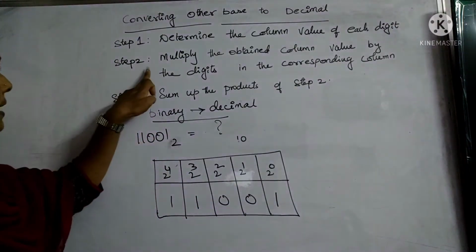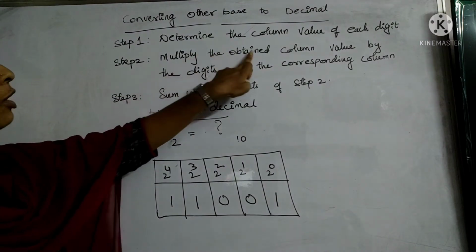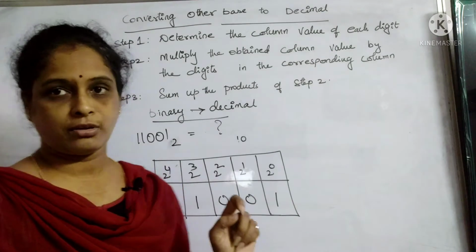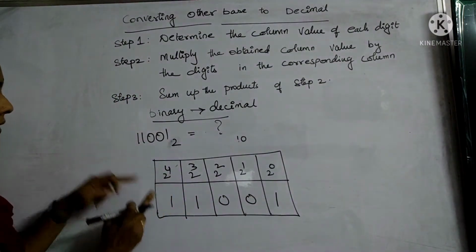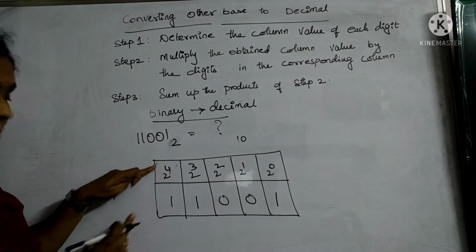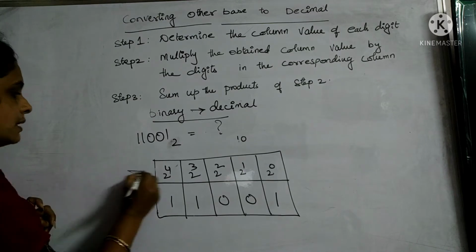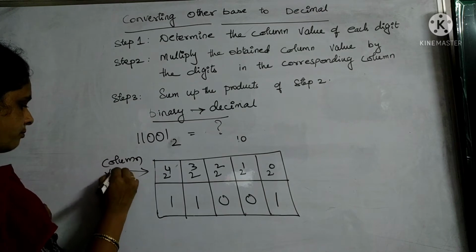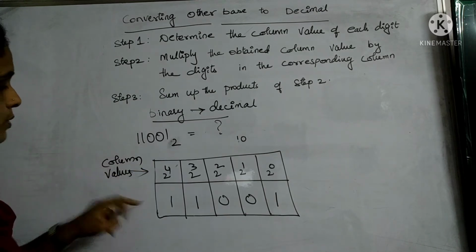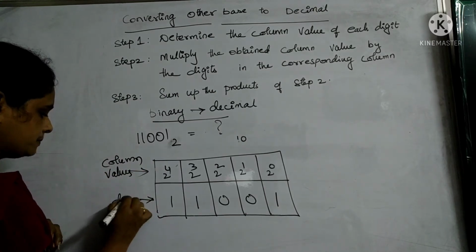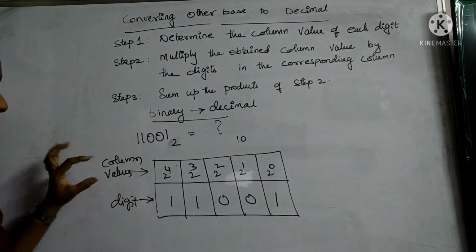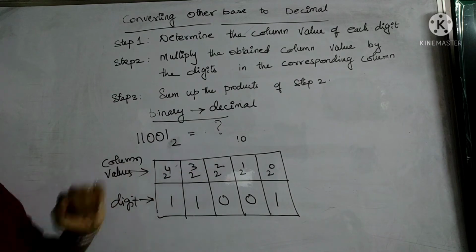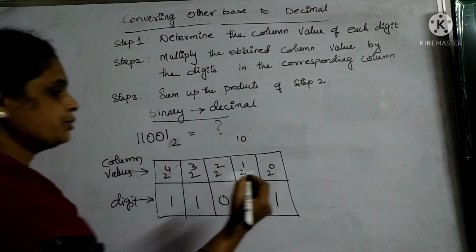Then, what is the second point we have? Multiply the obtained column values by the digits in the corresponding column. These are the column values here, and we multiply them with the digits in the corresponding columns. So, what should you do here?